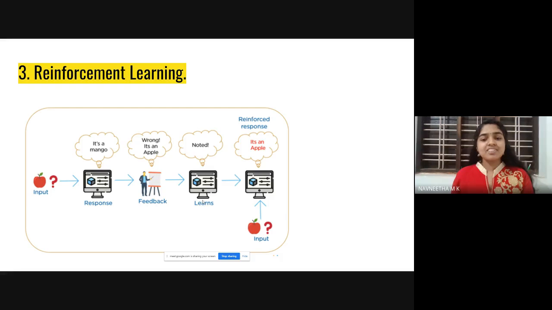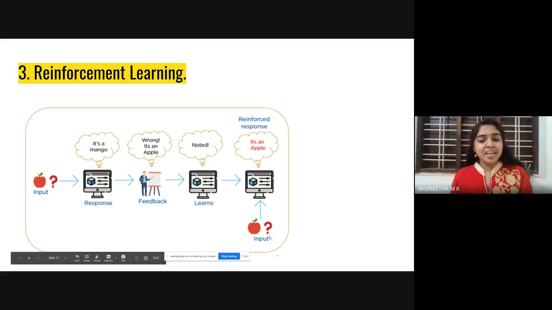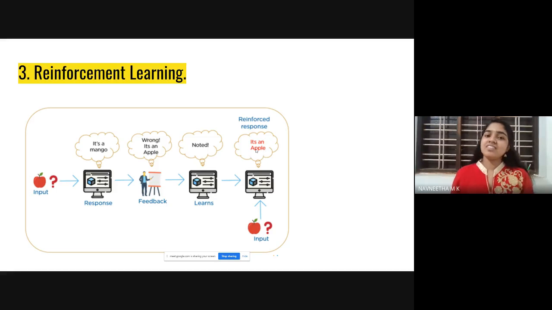Through this feedback, the system learns that it is not a mango, it is an apple, based on its shape, color, size, etc. The system learns from this feedback and keeps it stored in memory for future use. So next time we ask the same question, the system will tell us that it is an apple. This is the working of reinforcement learning.